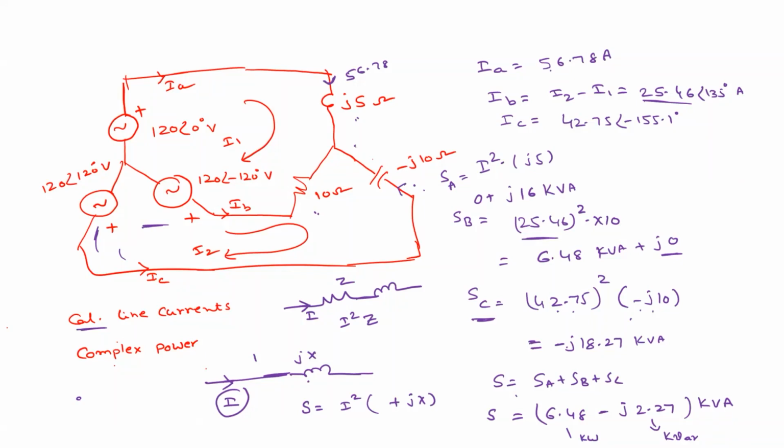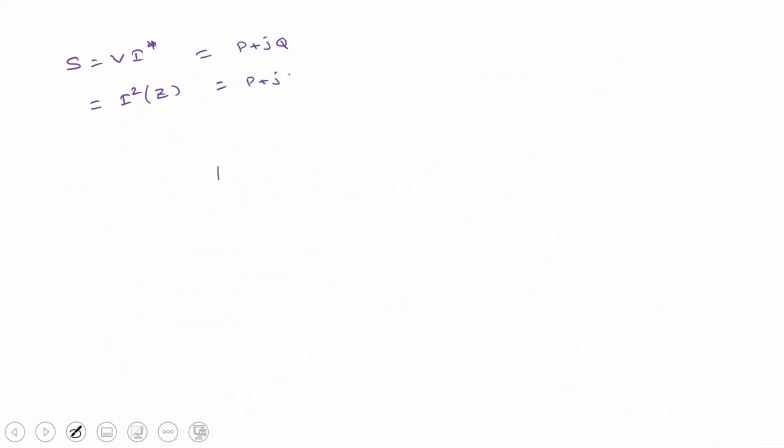So we had different formulas for calculating the complex power, right? One is S equals V I conjugate. You're aware of this one, right? Or you can also calculate I square into Z. This gives you the P plus JQ form, so complex power is basically in P plus JQ form, right?